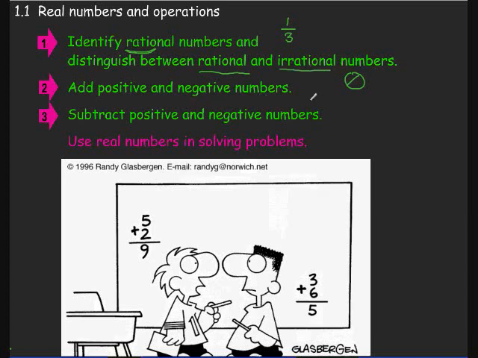Adding positive and negative numbers, boy, that probably sounds really too simple, doesn't it? But somehow we can get so confused when we are trying to subtract a negative number. When we are subtracting a negative number, of course, it is the same as just adding it.